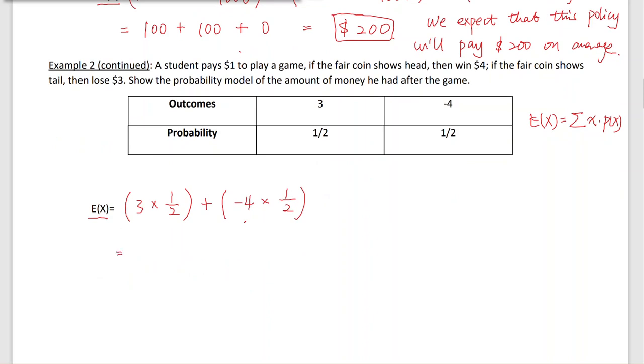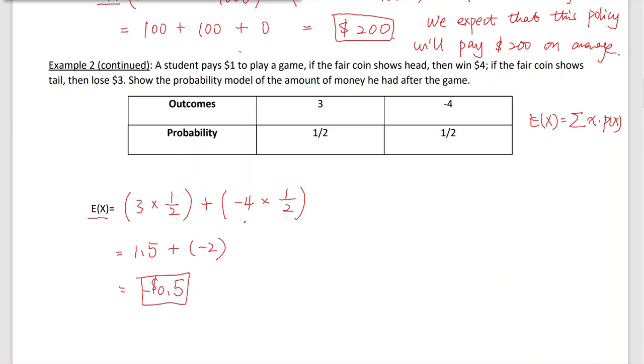You have 3 times 1/2, which is 1.5, plus -4 times 1/2, which is -2, and then you have -0.5 dollars. So what does that mean? You have an expected value that is negative.